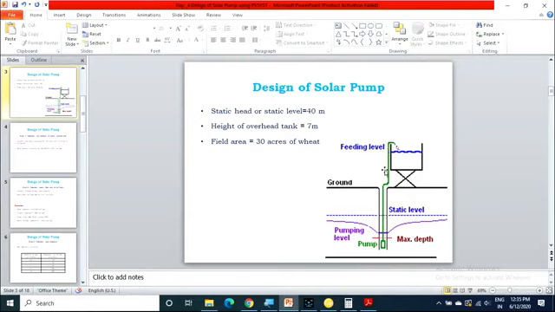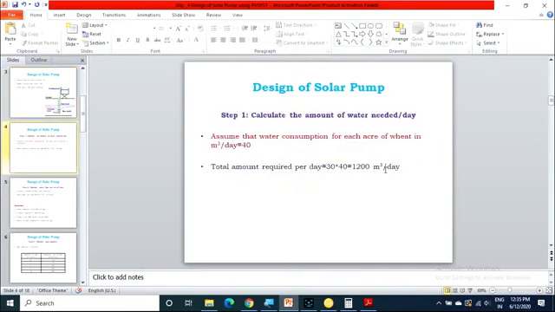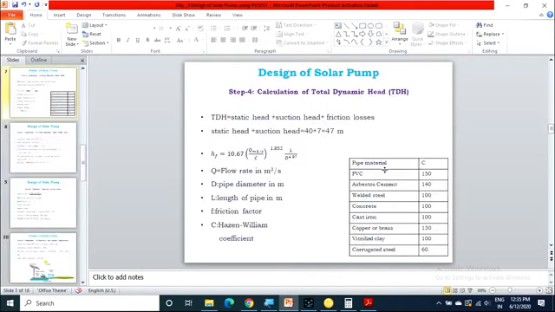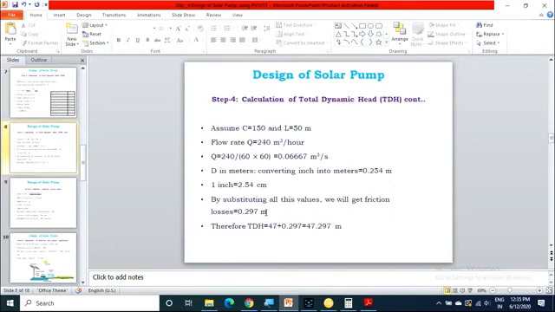So static head plus suction head plus frictional losses will give the total dynamic head. This total dynamic head is actually required for pump sizing. To calculate frictional losses, there is a direct formula. If you substitute all these values, you will get the frictional losses. How much are we getting? 0.297. Just add 40 plus 7 plus 0.297, that will give 47.297. This is the total dynamic head.